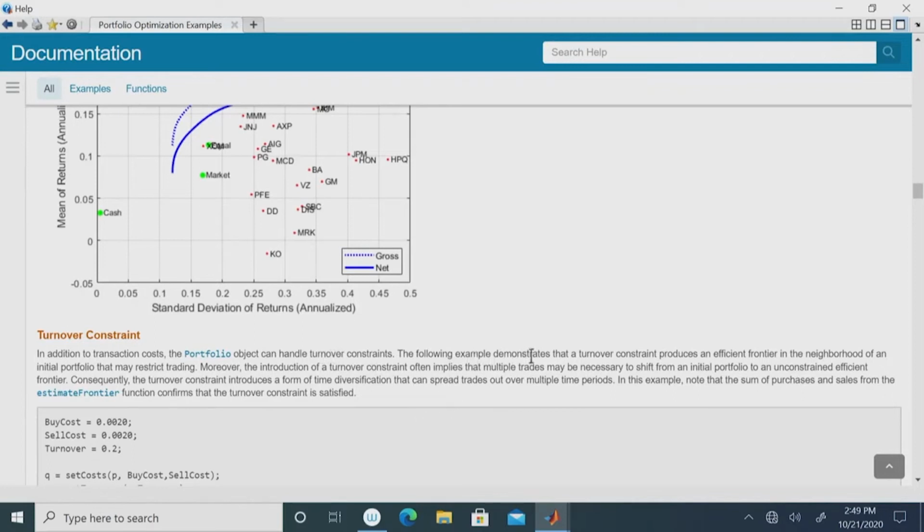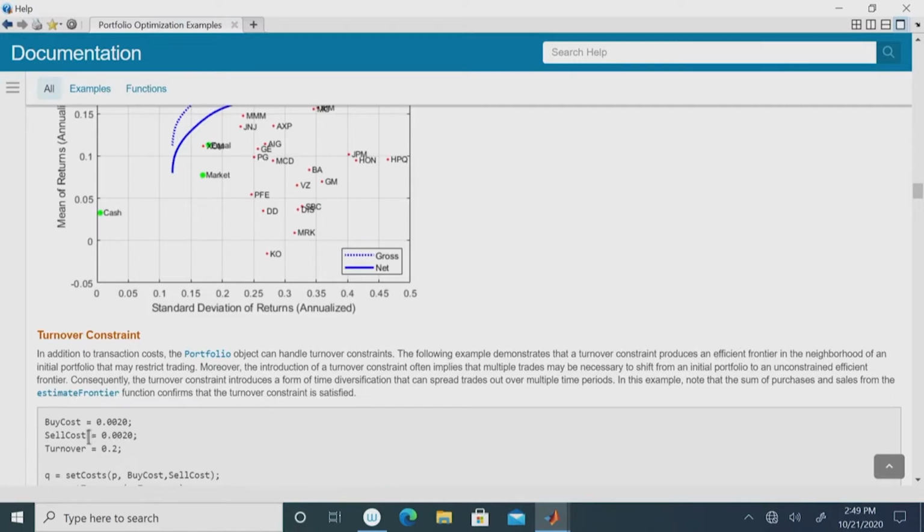Remember that the turnover constraint is a restriction on the extent to which you can do your trading, because you have to reshuffle your portfolio from time to time to obtain the best optimized portfolio, but you want to ensure there is not too much volume of transaction, because that also incurs cost. Accordingly, we will demonstrate in the next example that a turnover constraint produces the efficient frontier in the neighborhood of the initial portfolio.